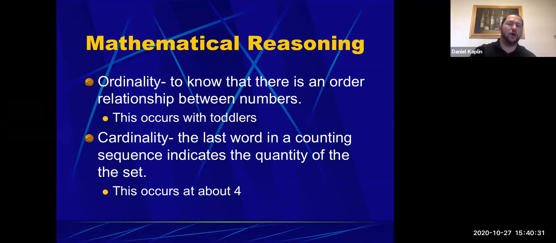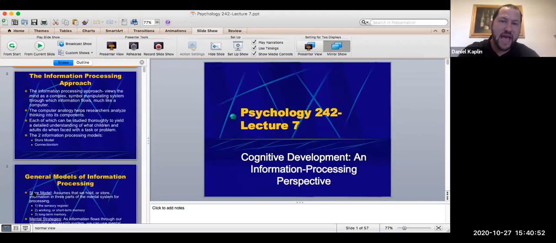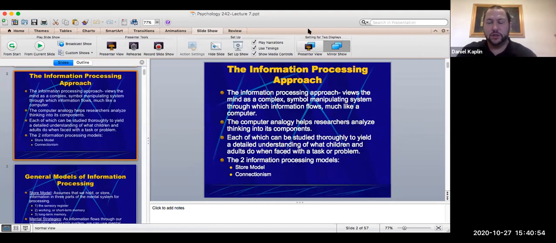And then we learned cardinality. This is by the age of 4, which is understanding the quantity of a set. So you might say 1, 2, 3, 4, 5. And then you point to a child and a child would say 6. That's cardinality. And that is the lecture in a nutshell.